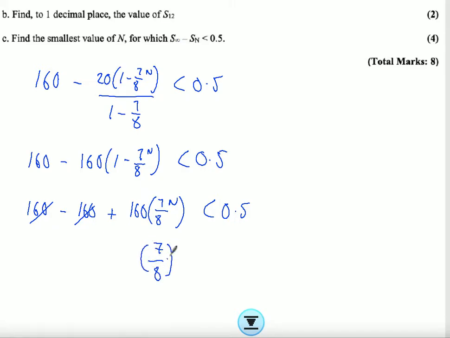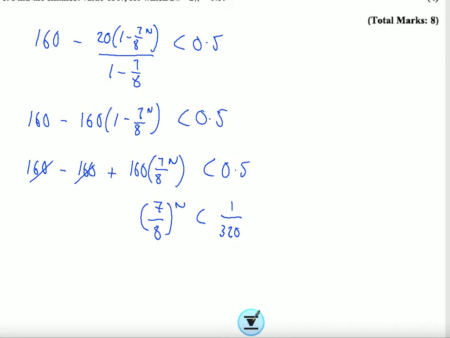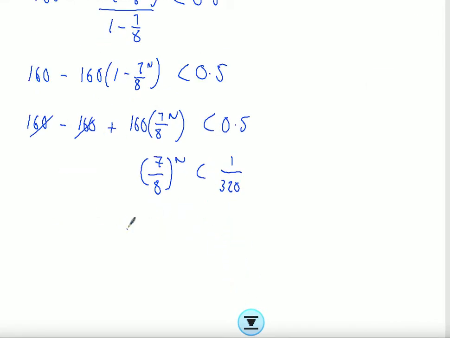So 7/8 to the power of n is less than, so 0.5 divided by 160 is 1 over 320. And now I'm going to take natural logs of both sides. So I can write it as n ln 7/8 is less than ln 1 over 320.